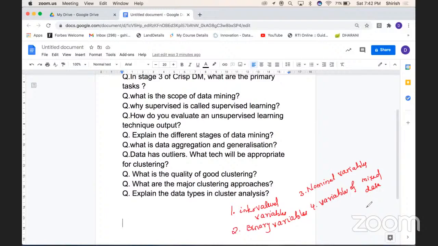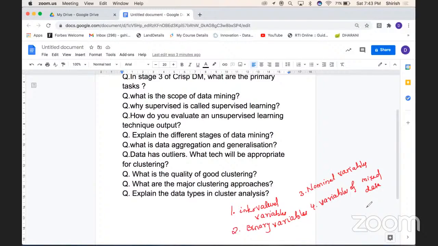Binary Euclidean distance measures dissimilarity between the records, just like the error you get in a confusion matrix. Then Jaccard's coefficient checks whether at least one similarity is matching. Interval-valued variables has that approach; binary variables has this approach.